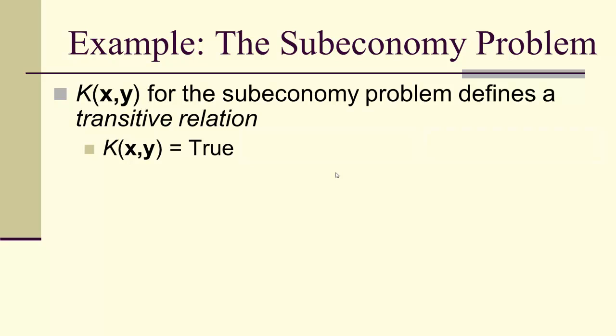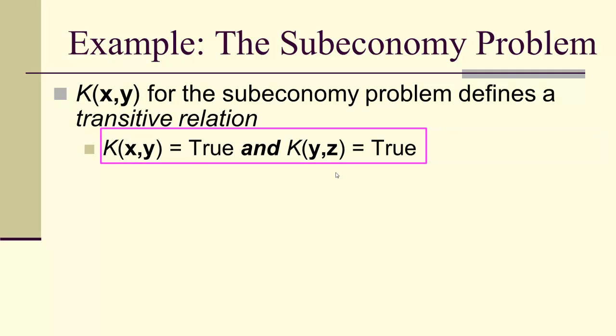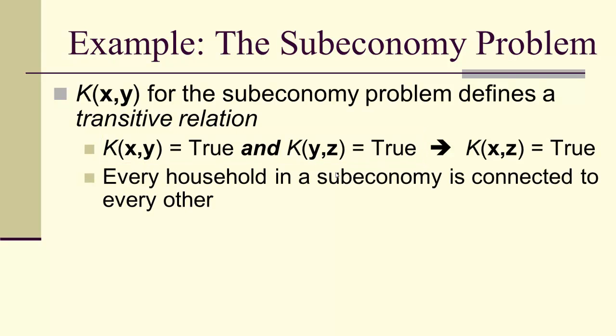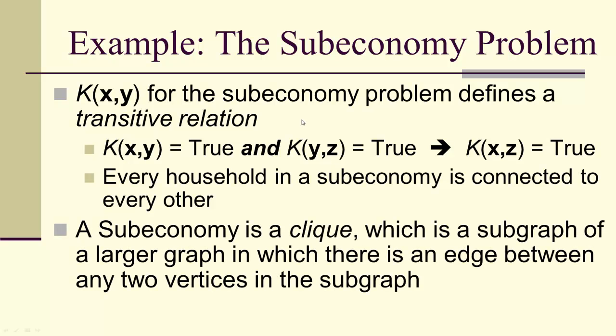In other words, if k of xy is true and k of yz is true, then that means that x and y and z all form subeconomies, and therefore k of xz is true. So every household in a subeconomy is connected to every other. So a subeconomy is what's called a clique, a subgraph of a larger graph in which there's an edge between any two vertices in the subgraph.